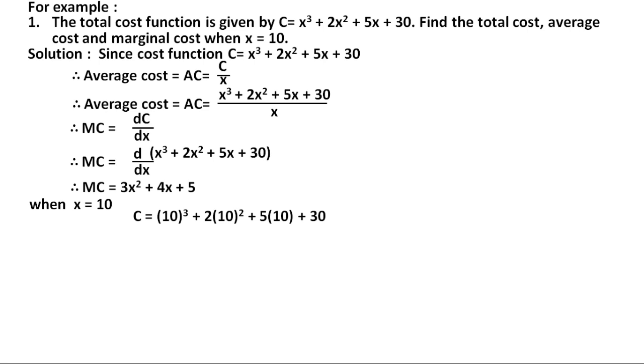Therefore, C is equal to 1000 plus 200 plus 50 plus 30.